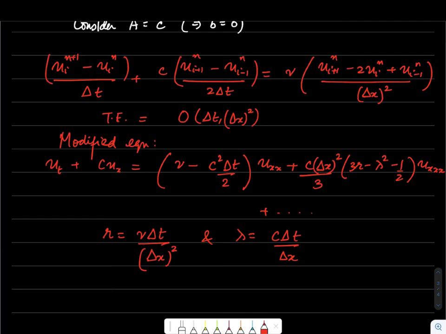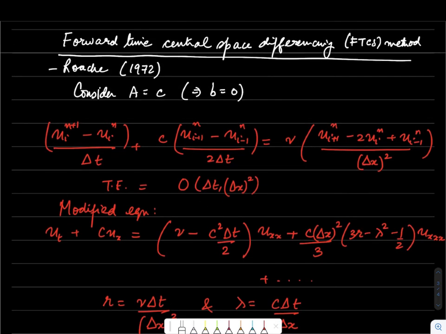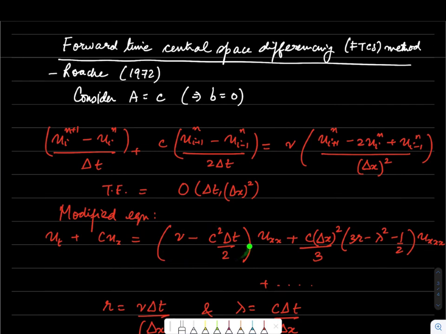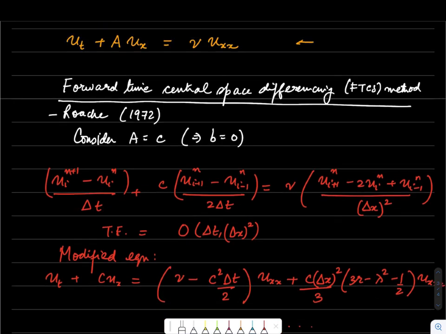Now you can easily see that the modified equation looks slightly different from the original equation that we have set out to solve, because now you have this new viscosity as compared to this original viscosity here.